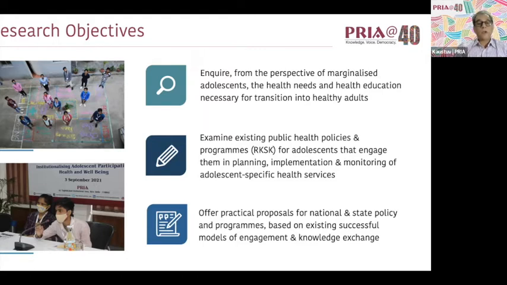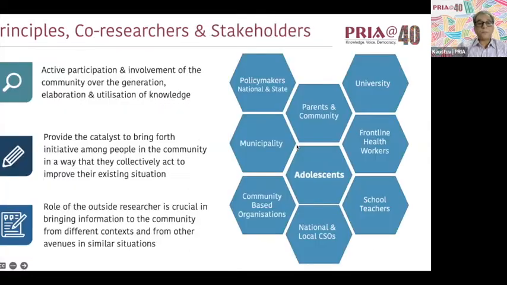And the third was to offer practical proposals for national and state policy and programs based on the existing successful models of engagement and knowledge exchange.